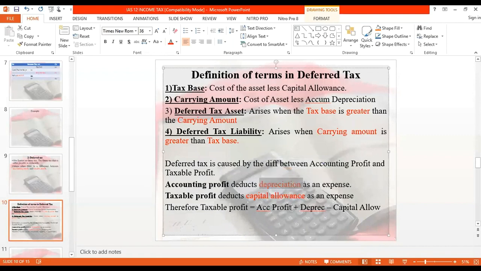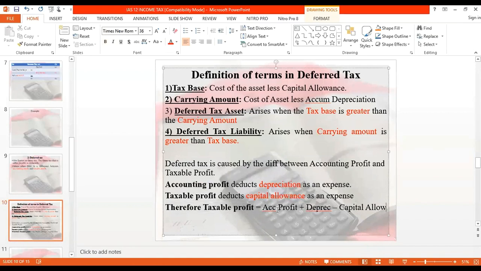So they take your accounting profit and remove the depreciation you deducted to reduce your profits, by adding it back. And then they deduct capital allowance. That is what gives you taxable profit, and this amount is what RRA taxes.